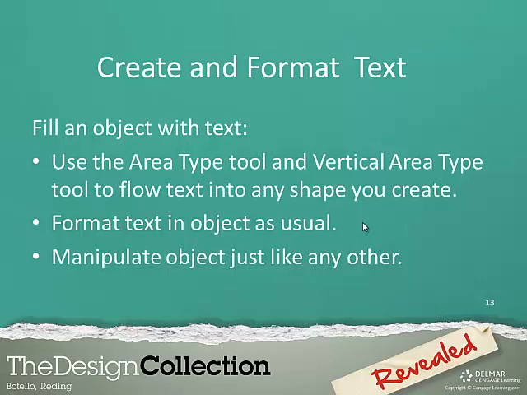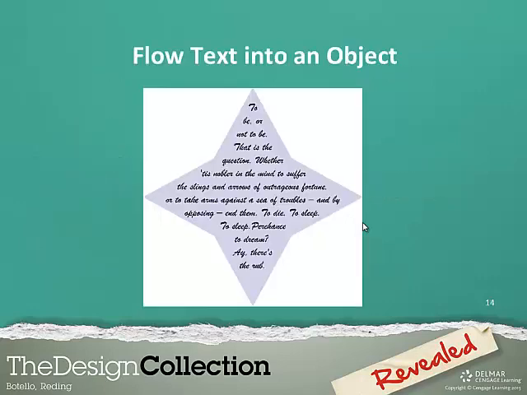You use the area type tool and vertical area type tool to flow text into any shape that you create. Format text in an object as you would usually. Select the text and choose your formatting. Manipulate the object just like any other object. And this shows an example of a star with text flowed into it.